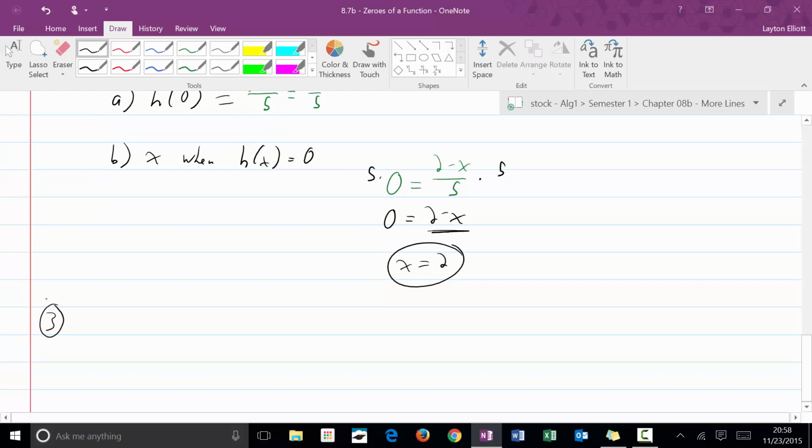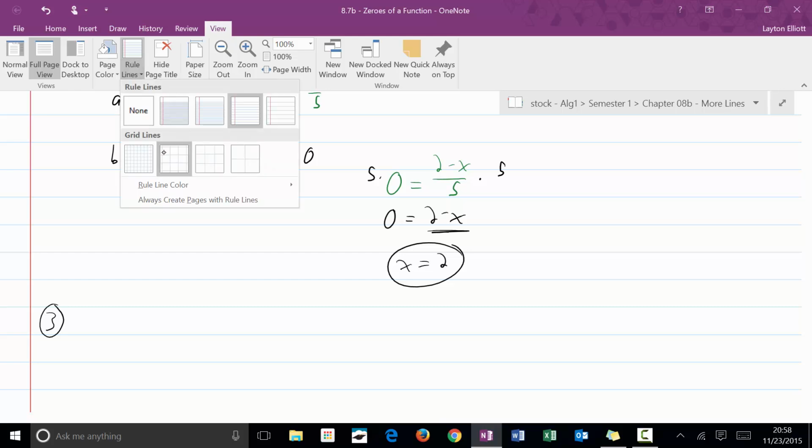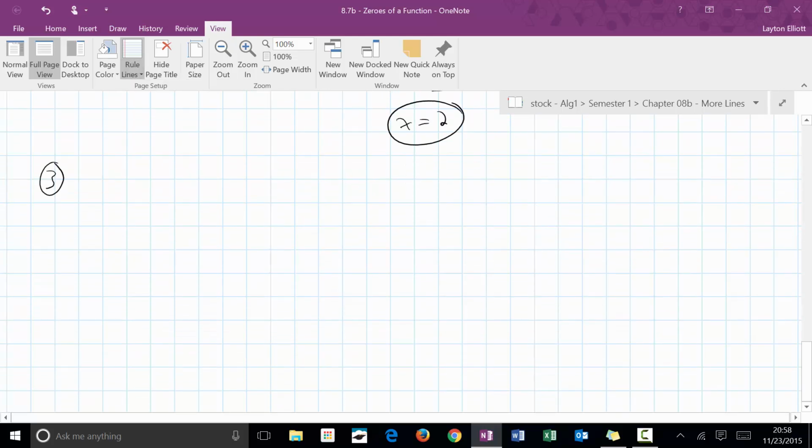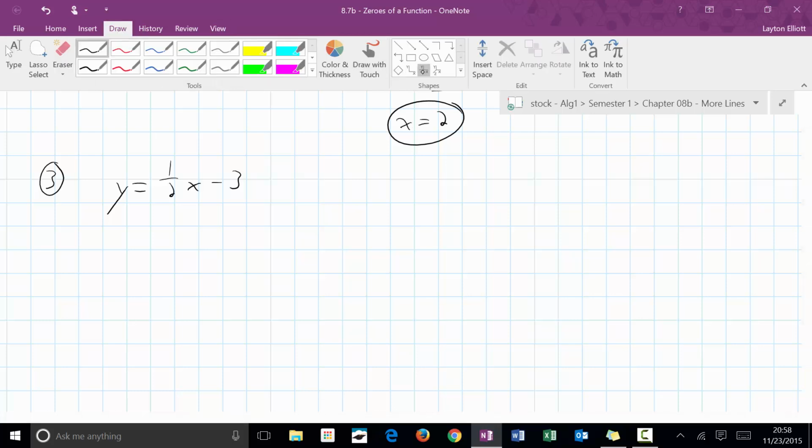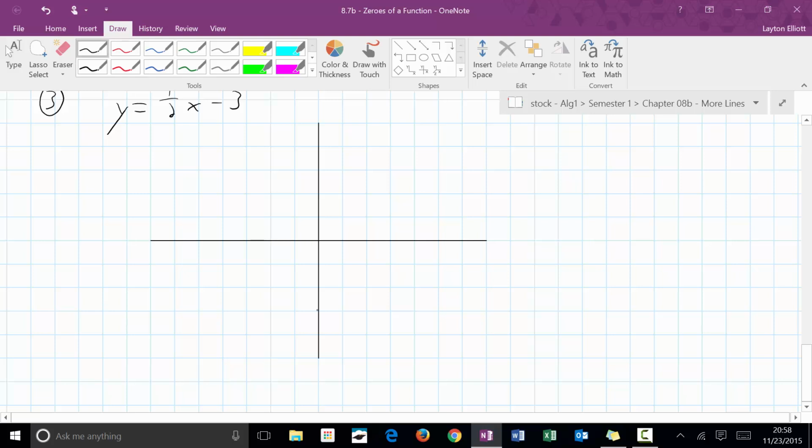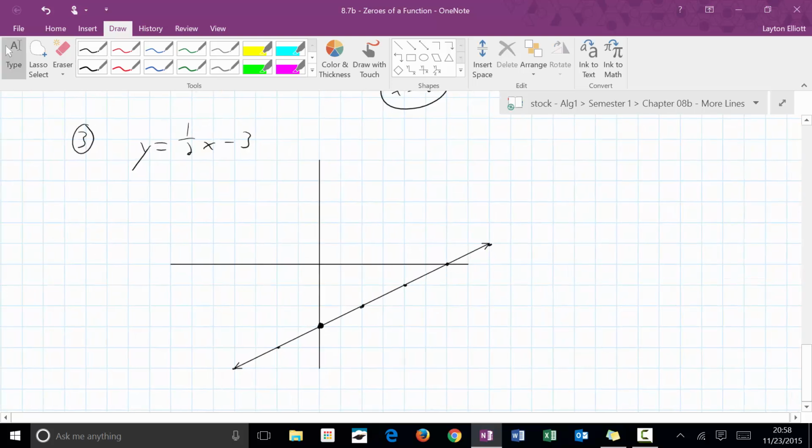Sometimes we can do this from a graph. So I'm going to turn on the grid, and I'm going to graph the line y is equal to 1/2 x minus 3. Shouldn't be too hard. So the y-intercept is negative 3. The slope of 1/2 would be up 1, right 2, and down 1, left 2. And I can get a pretty solid line going.